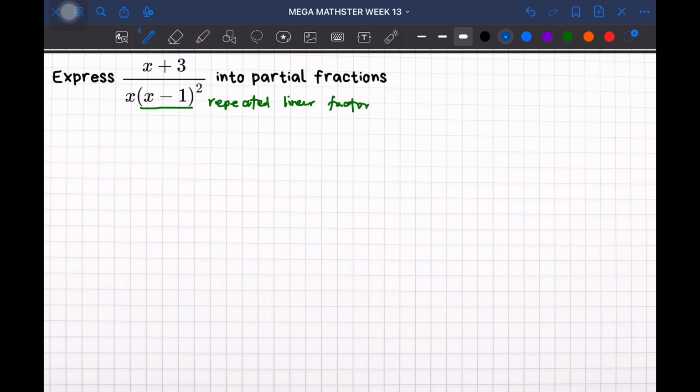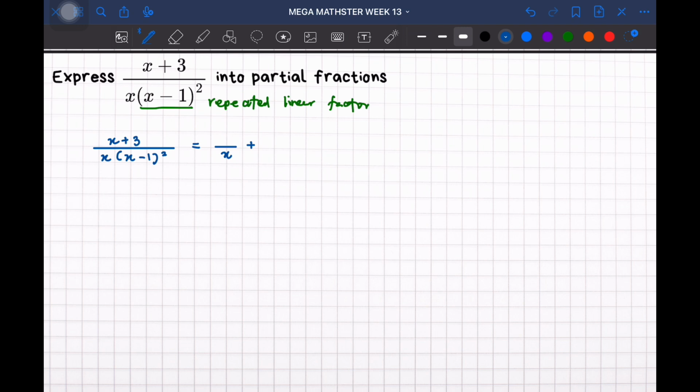Okay, so what we will do first is copy back the question. So we have x plus 3 over x times x minus 1 squared, right? And then equal to, so the first fraction that we have will consist of this one as our denominator. Okay, so one linear factor is for one fraction.